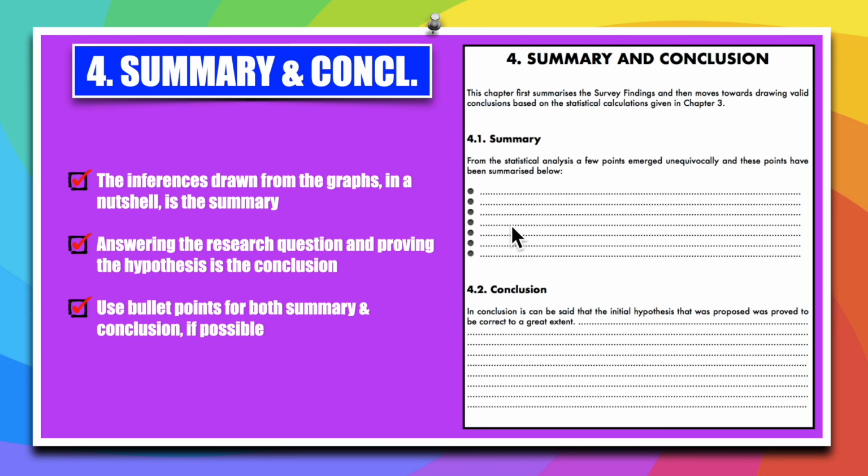So here in bullet points, they have given their findings, and this is the conclusion. I have not given the entire conclusion. You can see how they start by saying, in conclusion, it can be said that the initial hypothesis that was proposed was proved to be correct to a great extent, and I'm not going into further details.